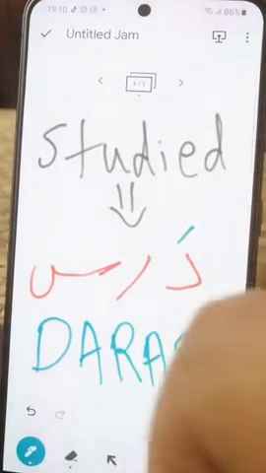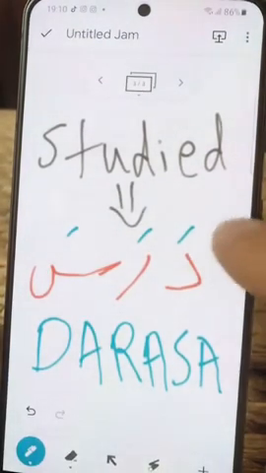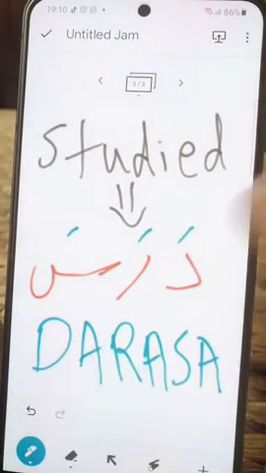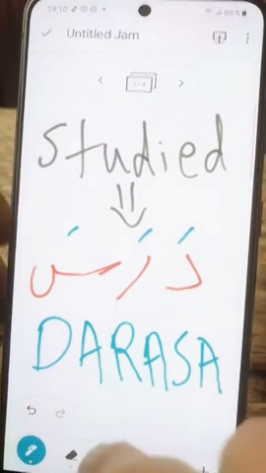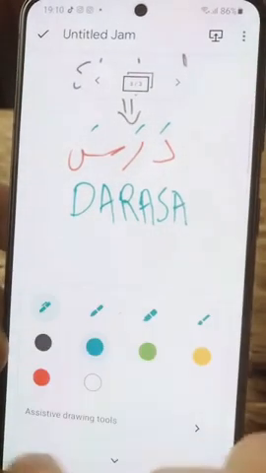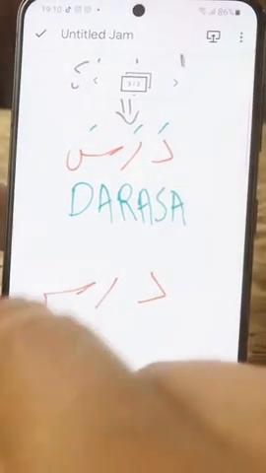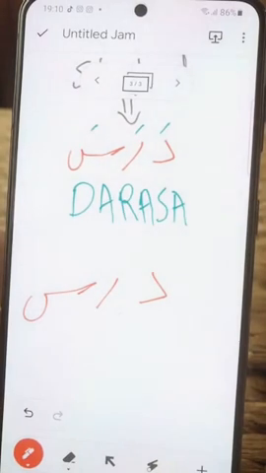So if I add those ones, it becomes dars. Lesson. So as you can see, a small change of the vowel changed the whole meaning.